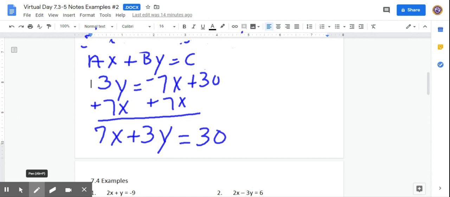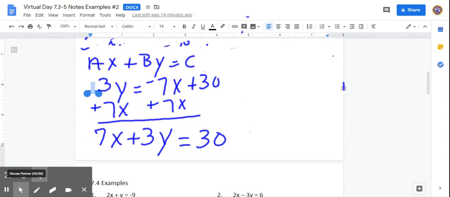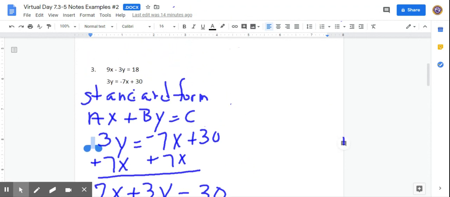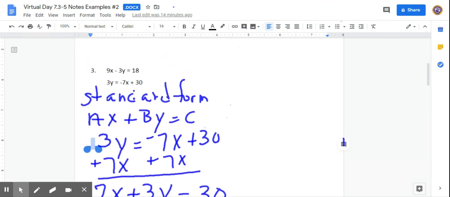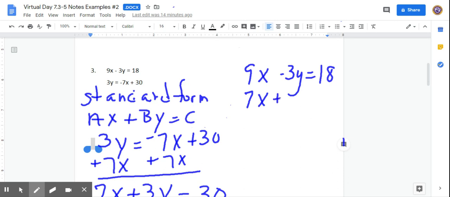So now we have two equations in the same format. We have 9x minus 3y equals 18, and we have 7x plus 3y equals 30.